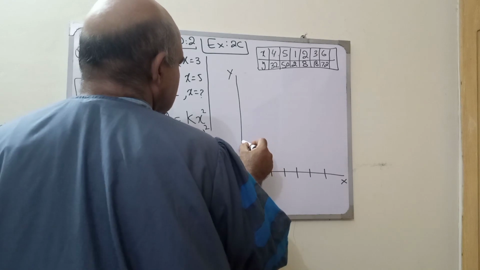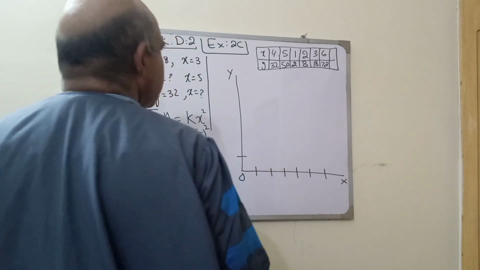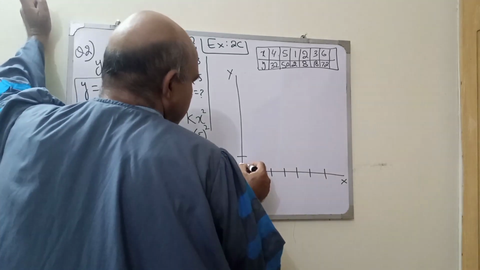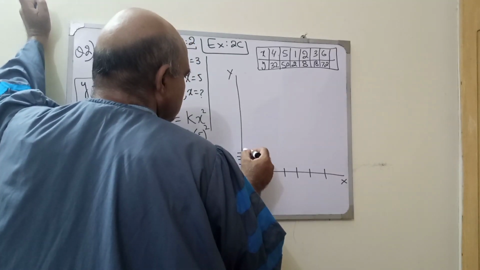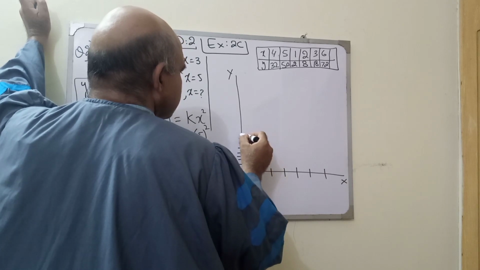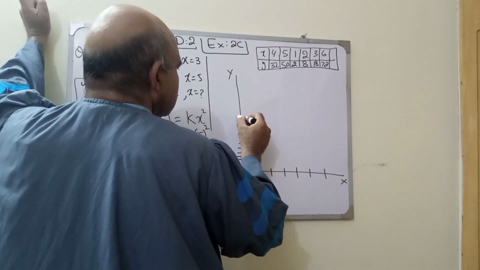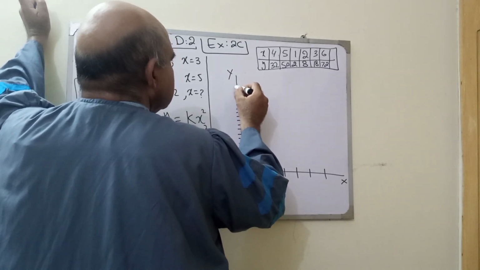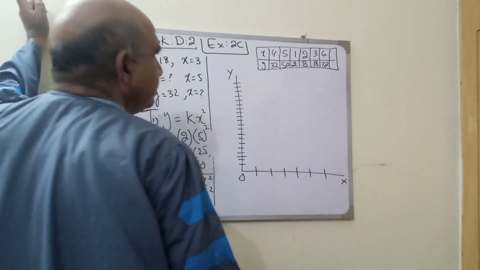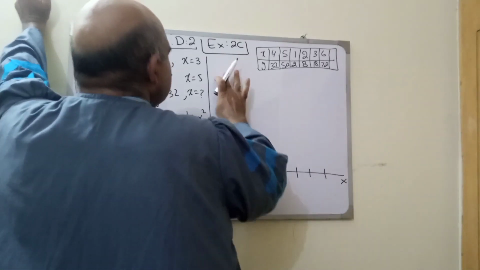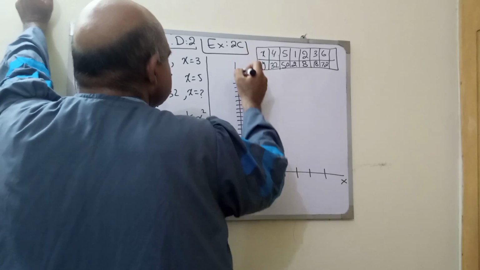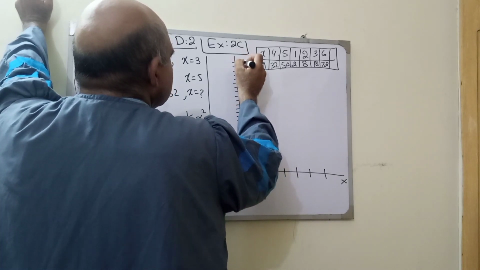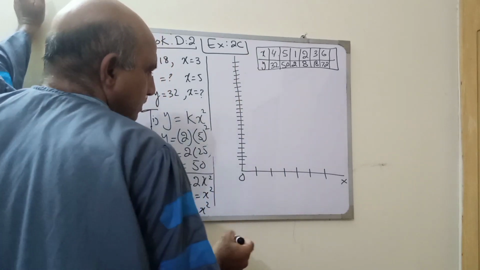Here on the y axis, we have to take 1, 2, 3, 4, 5, 6, 7, 8, 9, 10, up to 20, maybe more, up to 25. Right?